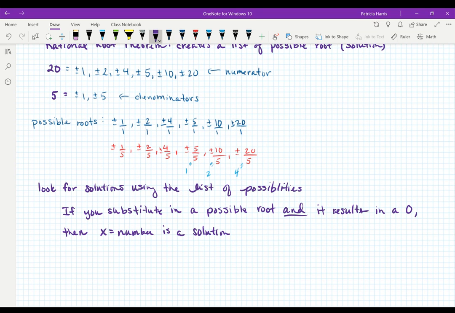All right, here we go. Usually what I do when I have to do it this way is I start off with the easiest possibility, which is 1.